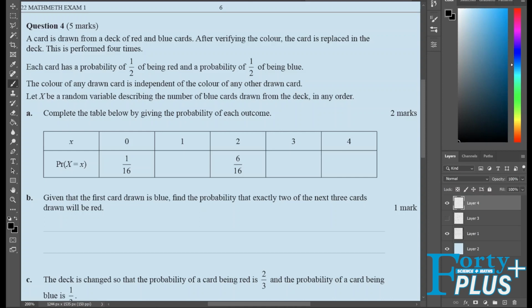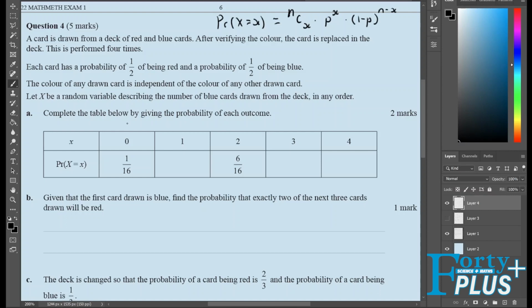So what we're going to need for this is the binomial equation, which is n choose x times p to the power of x times 1 minus p to the power of n minus x.